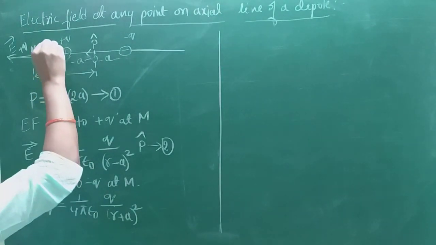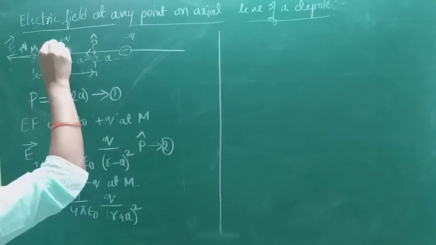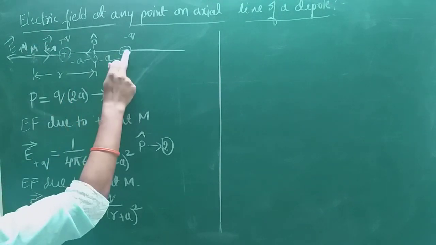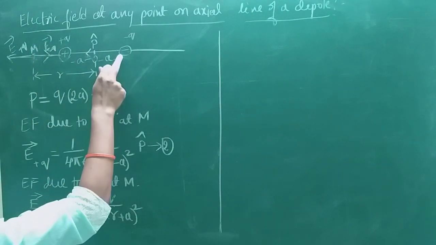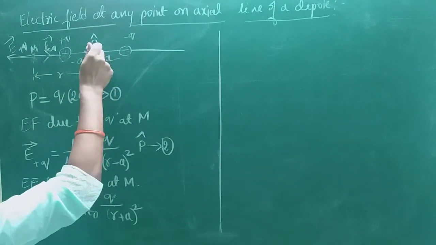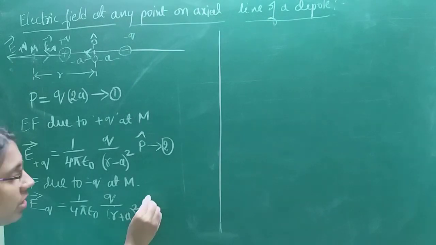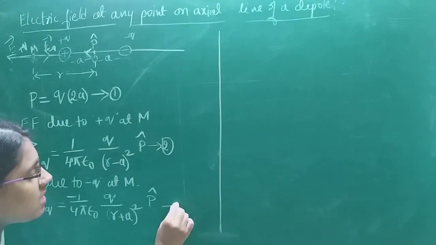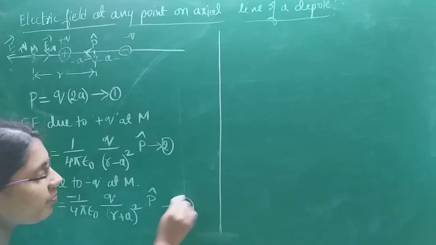That means the direction of the field due to this negative charge, E minus Q, is towards this charge, which is opposite to the direction of the dipole moment. In order to represent the opposite direction, we consider the negative sign. Let us take this as equation 3.